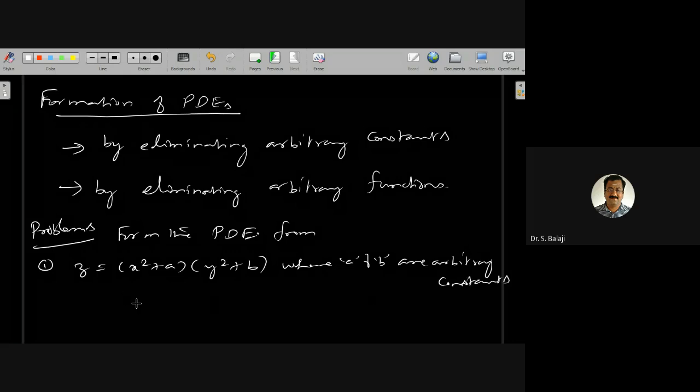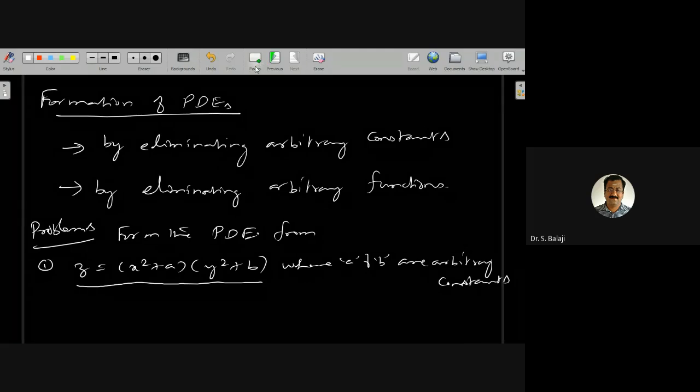Form the PDE, the partial differential equation, from the given relation. Some relationship is given between z, x, y. From that, you form a PDE by eliminating the arbitrary constants a and b.